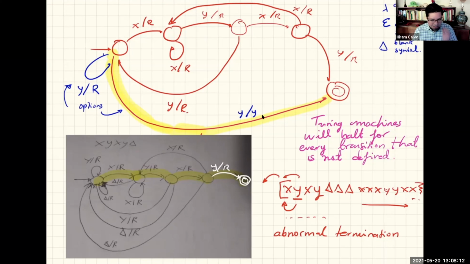Actually, this does not have a big implication on the languages it can accept, but it's only infinite to the right, not to the left. Then if you move beyond the start of the tape, you will cause an abnormal termination. And it's better to avoid this.